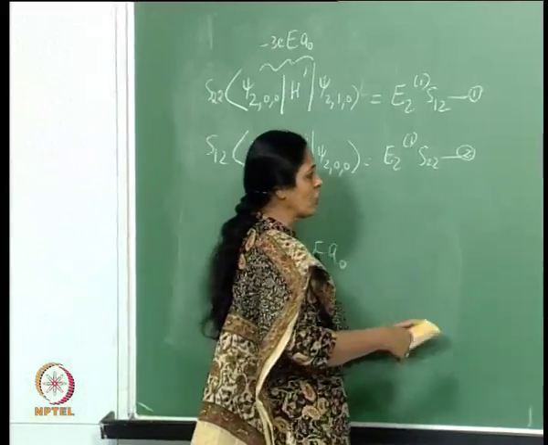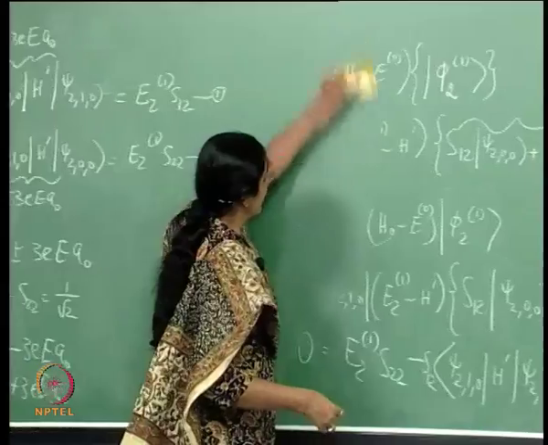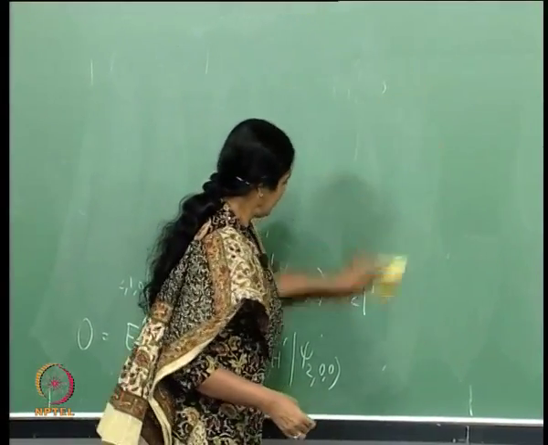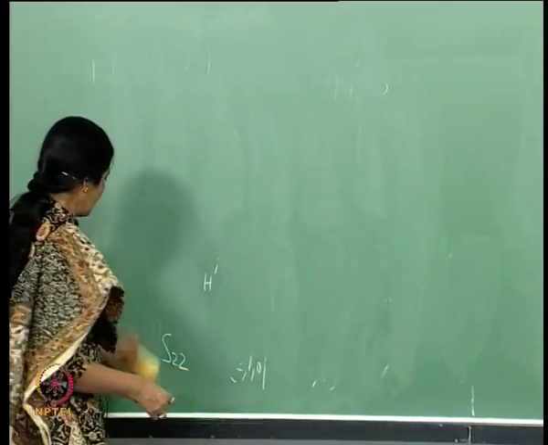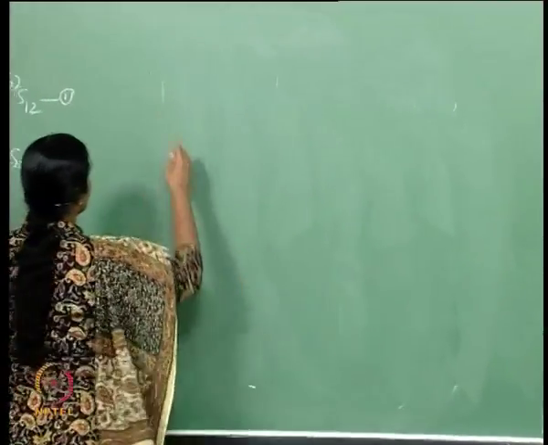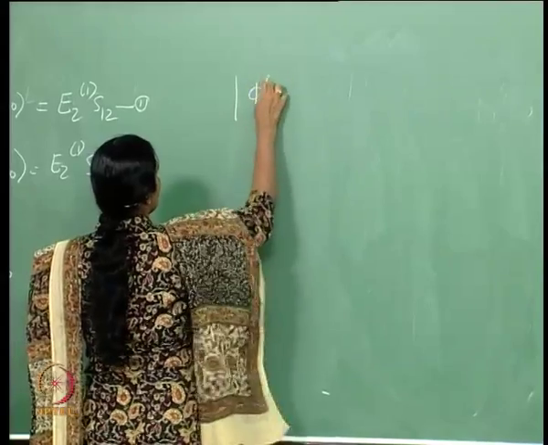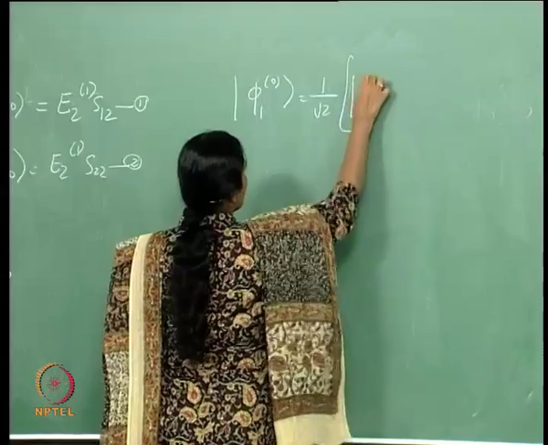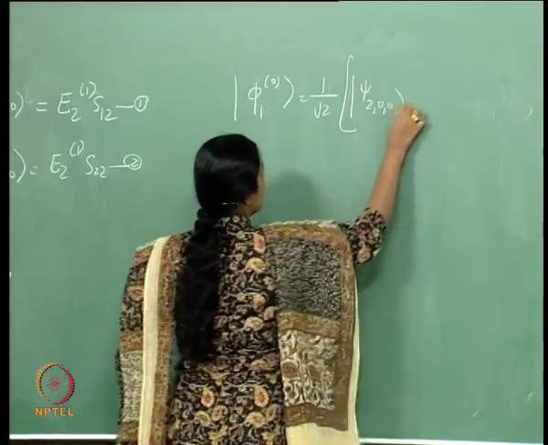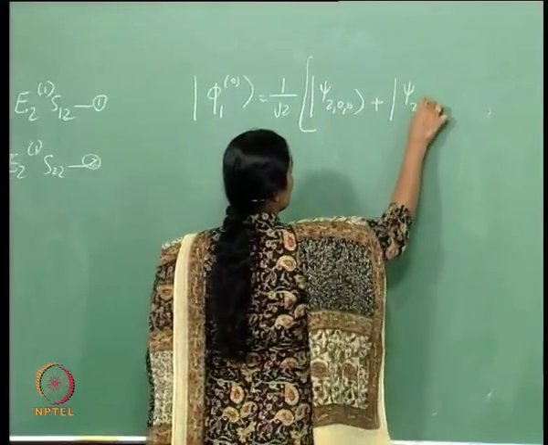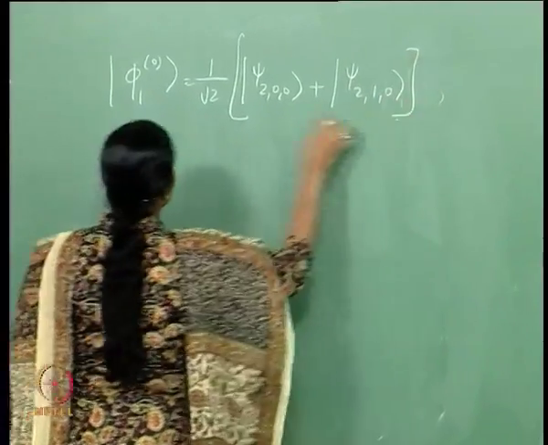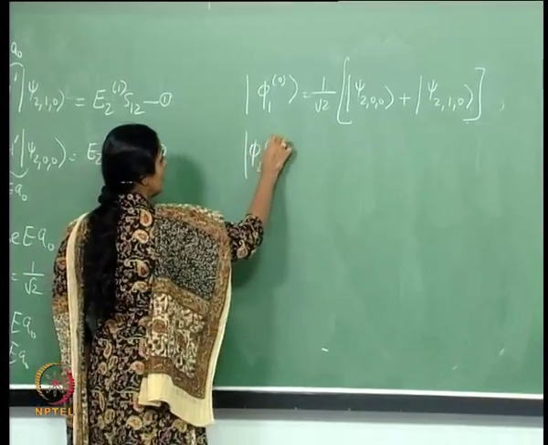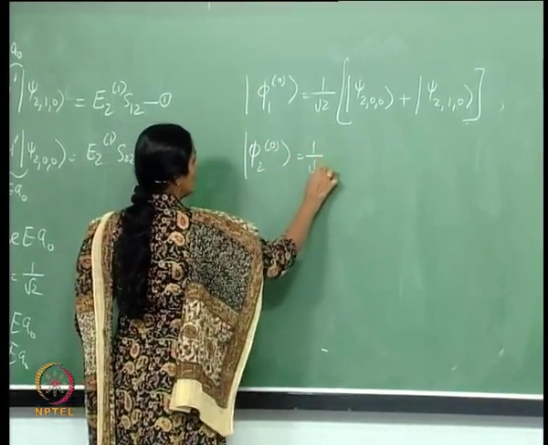I also have the orthogonal states phi 1 0 and phi 2 0, because phi 1 0 was 1 by root 2 times psi 2 0 0 plus psi 2 1 0. That is what I had, and I have phi 2 0 is 1 by root 2.